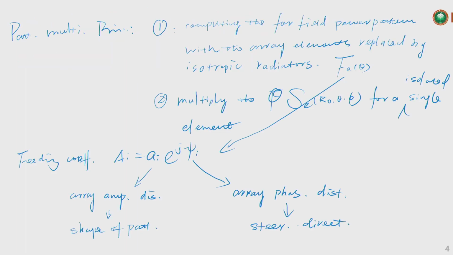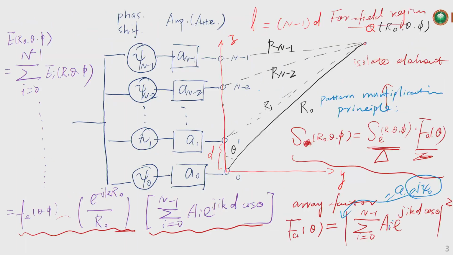Of course, kd cosθ comes from the phase difference at point Q from the two neighboring radiators, related to d cosθ. It is due to the path difference inducing the phase difference.